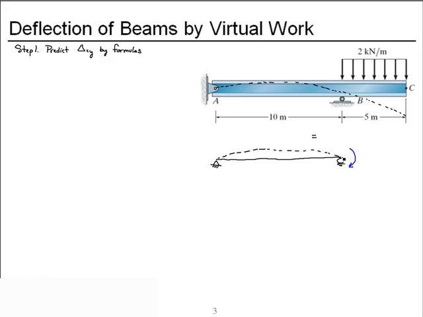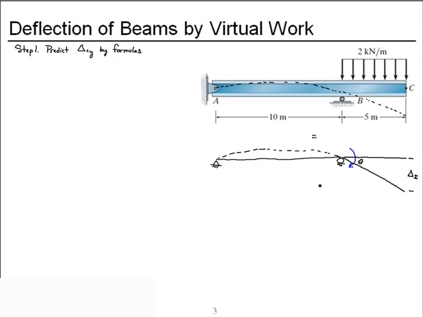And at this end, if we extend the tangent and the horizontal, we have a rotation theta. And a deflection out at end C of this extended tangent we'll call delta 1.